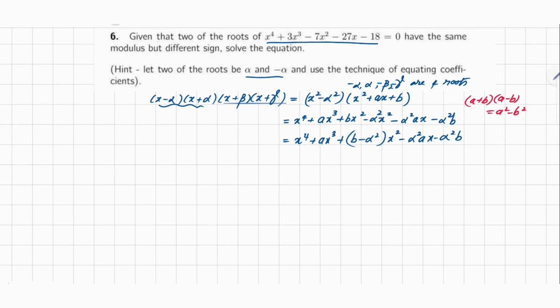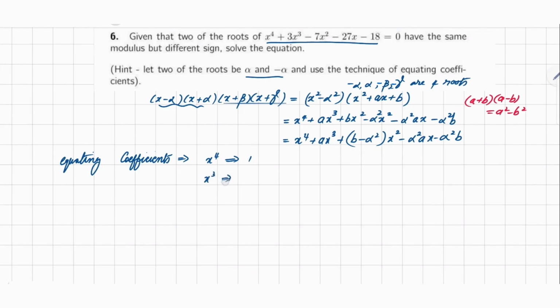We can equate the coefficients of x to the power 4, x cubed, x squared, x, and the constant. So the coefficient of x to the power 4 is 1.